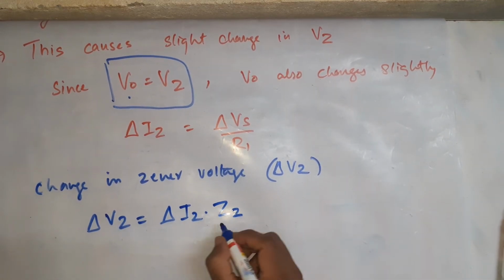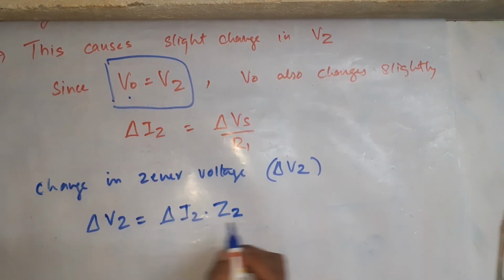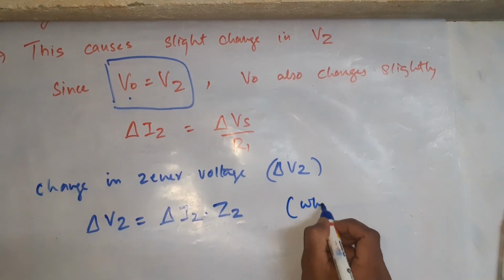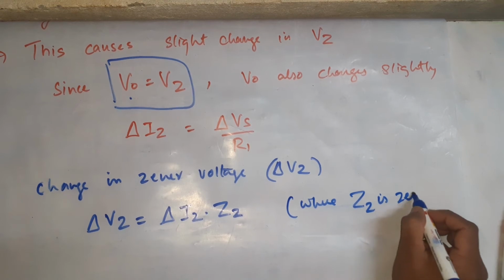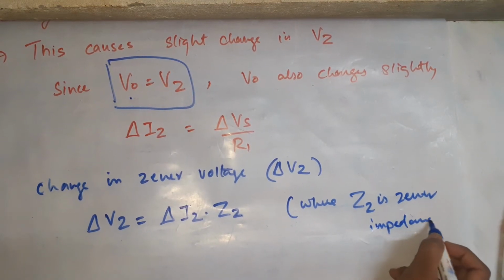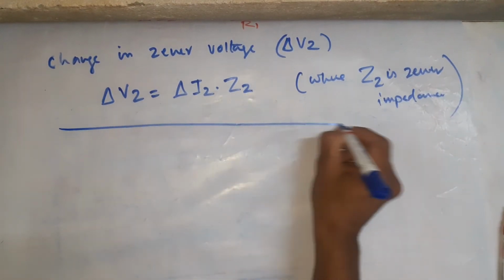What is Zz? Impedance. This is from Ohm's law, V equal to IR, so V equal to I into Z, where Zz is the Zener impedance.